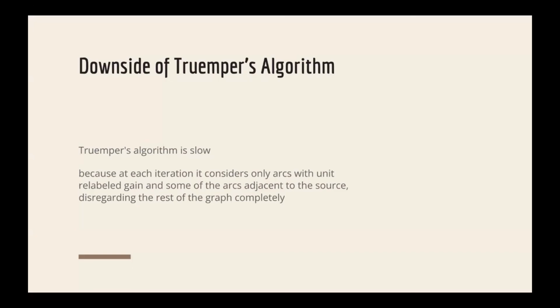But Truemper's algorithm also has a downside. The downside is that Truemper's algorithm is slow because at each iteration it considers only arcs with unit label gain, and some of the arcs adjacent to the source, disregarding the rest of the graph completely.